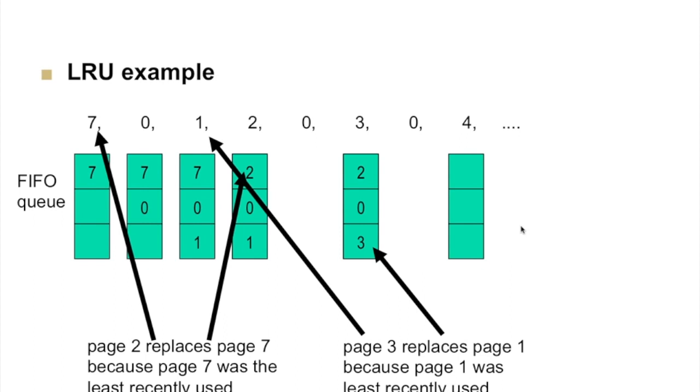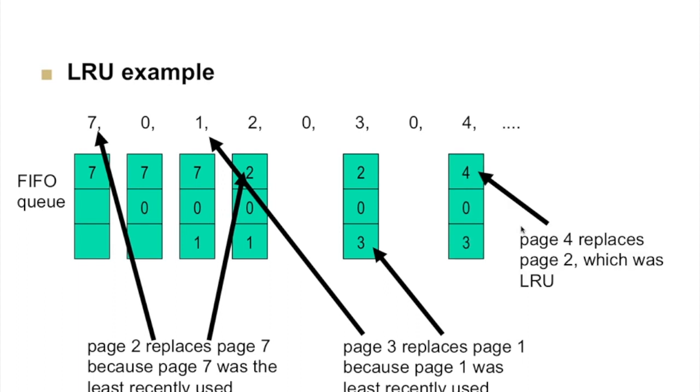So when we go to load page 4, it's not in memory. So we need to decide which of those 3 frames, 2, 0, or 1, was used least recently. We can see 0 was used, then 3 was used, 2 wasn't used for a while. So now we'll go ahead and replace page 2 with 4.